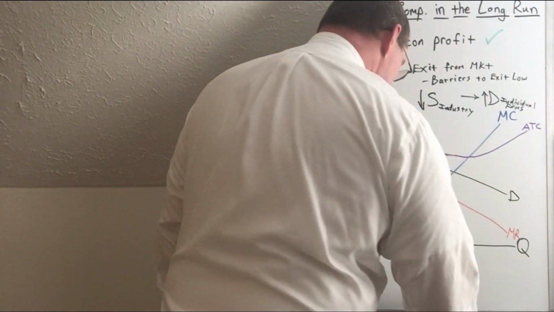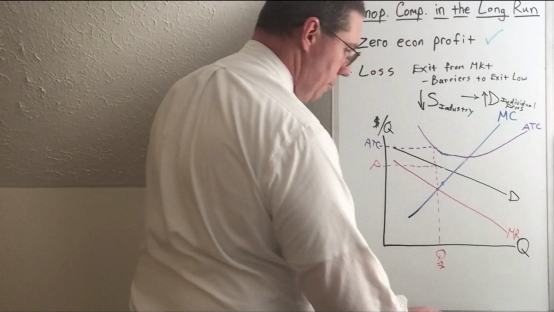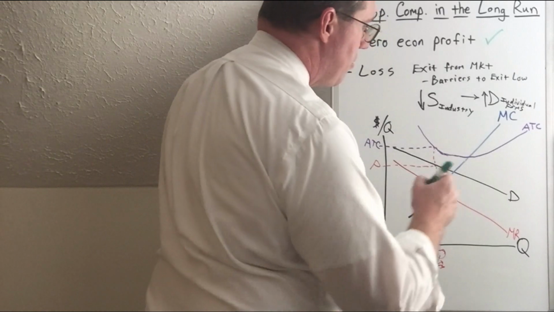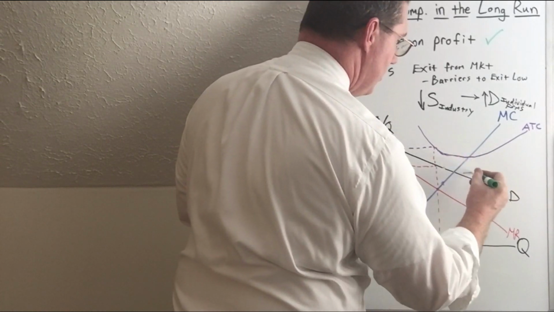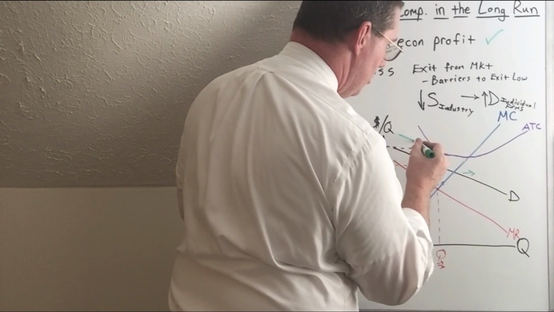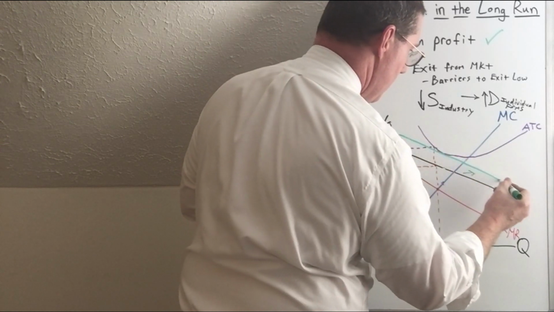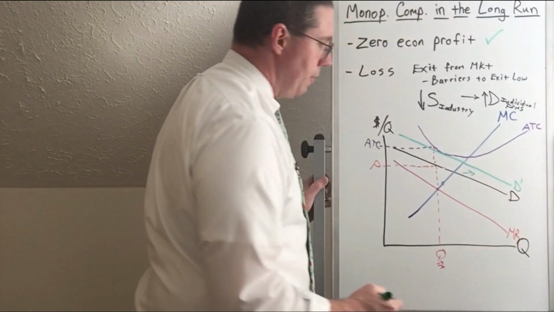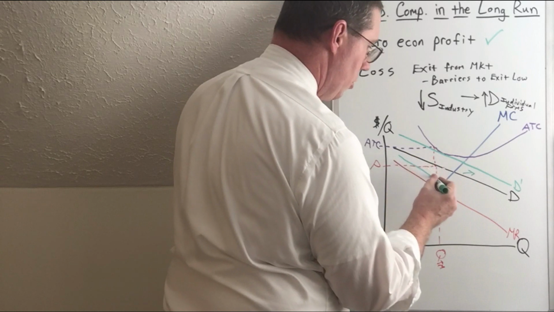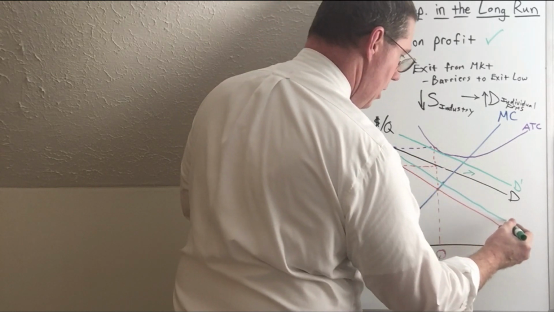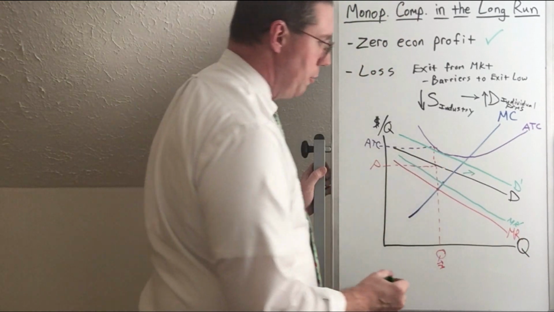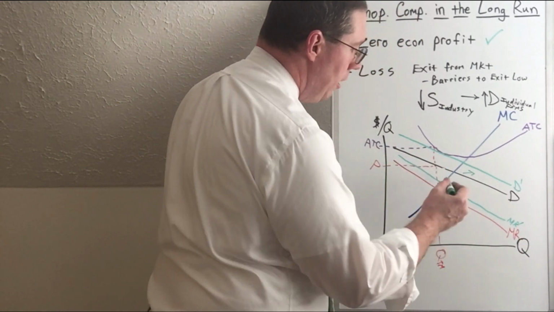And when demand increases for them, let me go ahead and use I guess I'll use green again. This demand curve is going to shift to the right and have a rightward shift of the demand curve, okay, which is going to go right here, D prime, and their marginal revenue curve is going to shift to the right, which will go right here, marginal revenue prime, increase in demand, increase in marginal revenue.